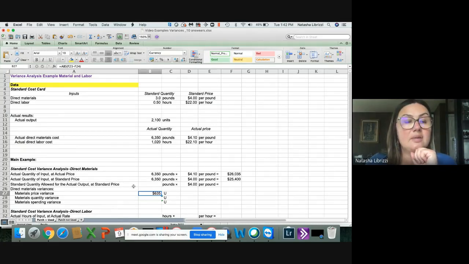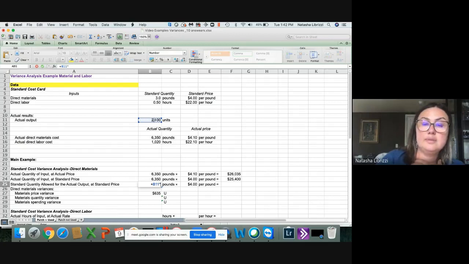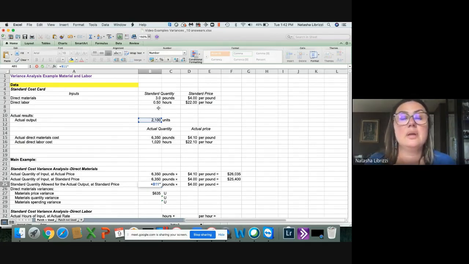Now let's look at the standard quantity allowed for actual output. I made 2,100 units, and I should have, I still like that bike idea, but I don't think you can pay $4 per metal. Maybe it's kids' bikes. Okay, a little kid bike. Times direct material.